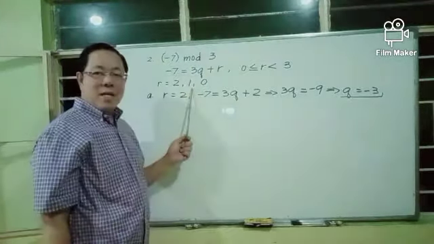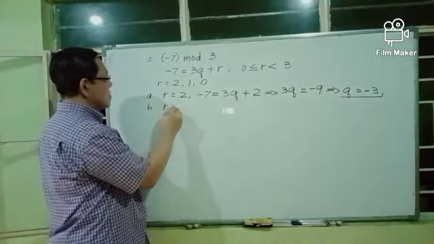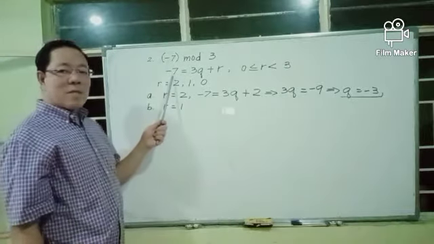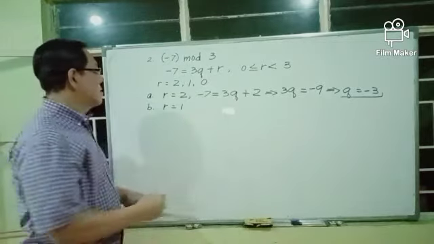We try r is 1. If r is 1, this equation becomes negative 7 equals 3q plus 1.